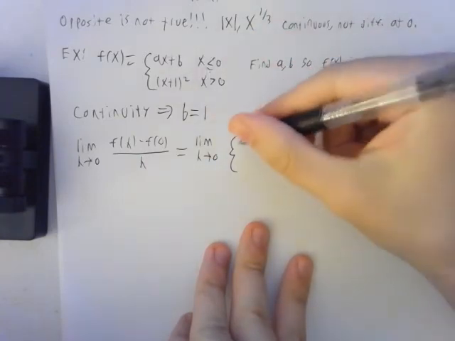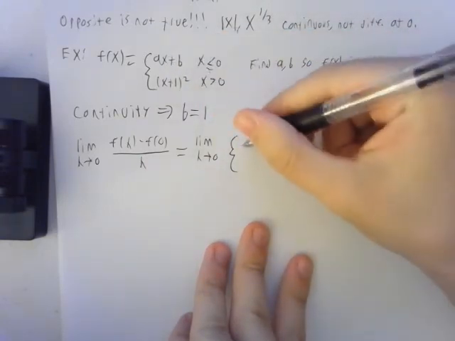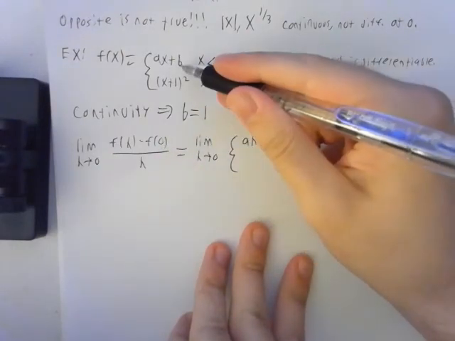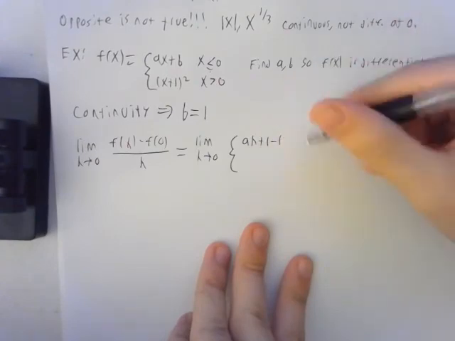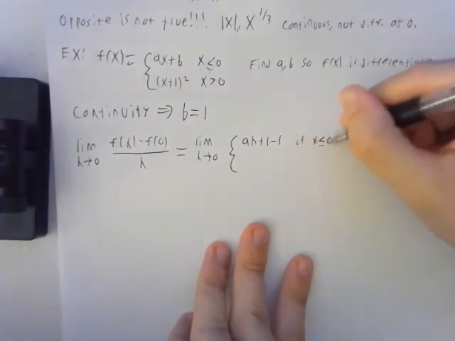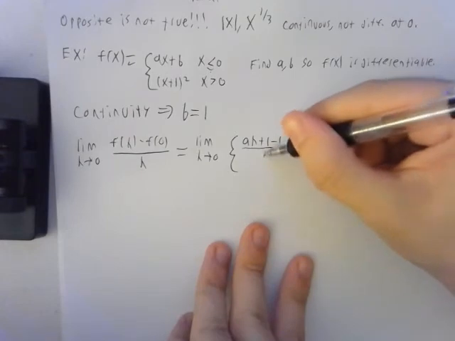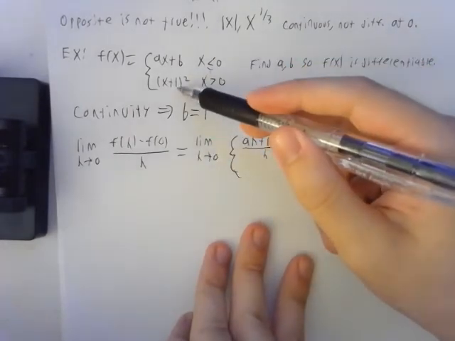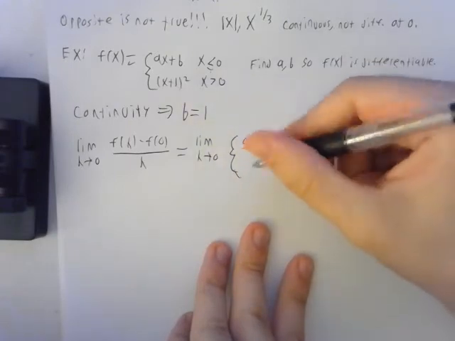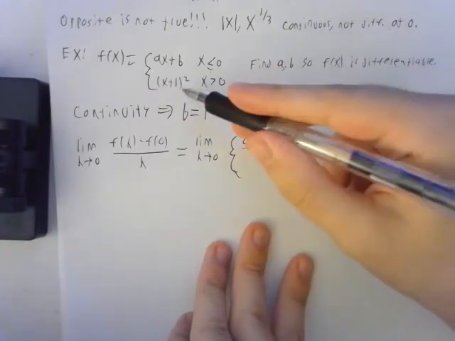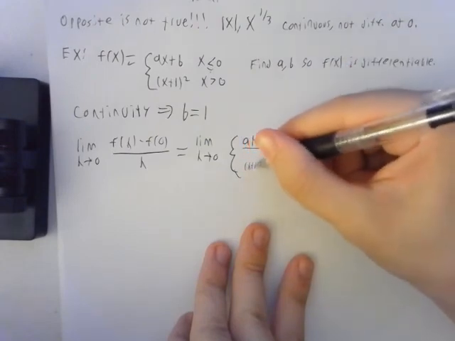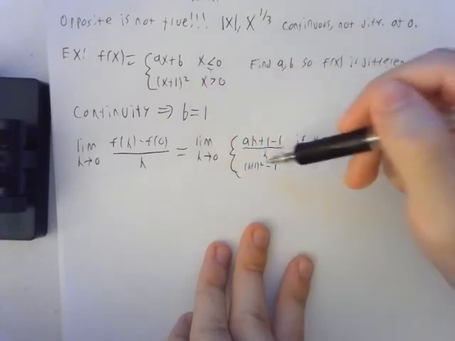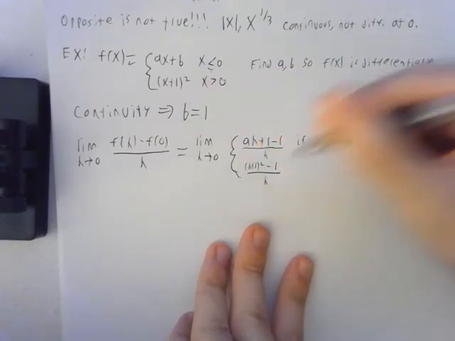We know b is equal to 1, so f of h is ah plus 1, but then f of 0 is just b, which gives us minus 1, divided by h. Then if h is positive, we use the bottom formula, and in that case we'll have h plus 1 squared minus f of 0. We use the top formula, so that's still 1. Then we divide by h.